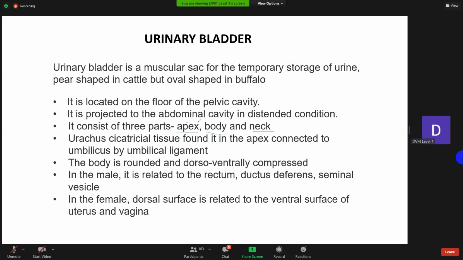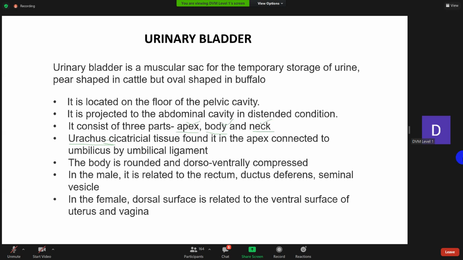That is the apex, and then the body, and the neck. And urachus, what is urachus? Urachus is the cicatricial tissue. That means that was once during fetus, but after delivery or when the fetus is growing, it is just like a remnant, avashishtangsho.